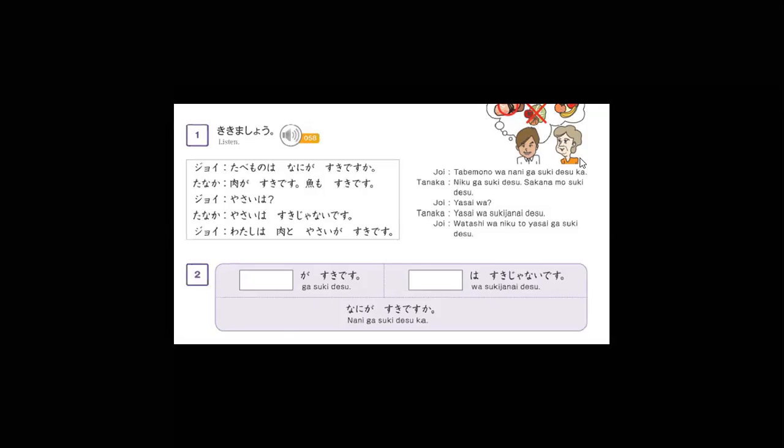Did you notice that when we translate these two sentences in English, we added I and you? What do you like? And I like. But they didn't appear in these Japanese sentences.